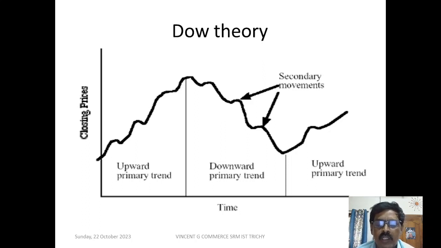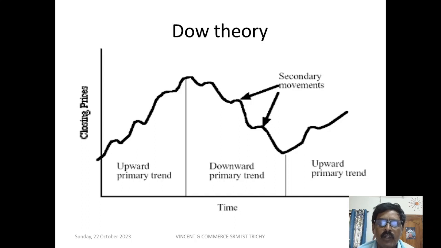Therefore, what I want to conclude here is that according to the Dow theory, if a trend continues for days to a week, it's a minor trend. If a trend continues for months to less than a year, we call it a secondary movement.